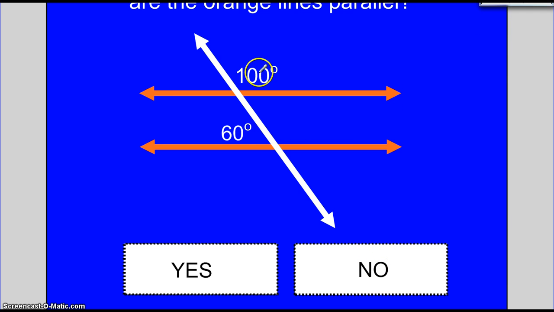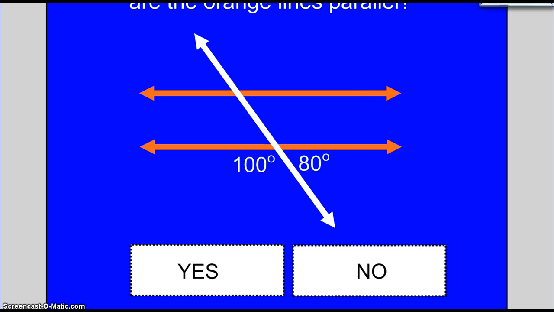Here, if I have 100 degrees, my corresponding angle should be 100 degrees, and my vertical angles should be 100 degrees. These are supposed to be a linear pair, but they're not. So these are not. Well, I can already see, hey, these are supplementary.